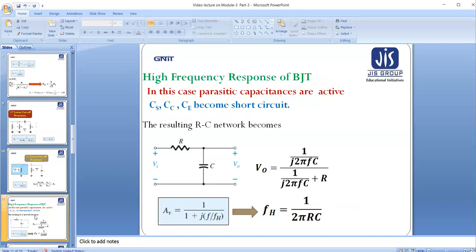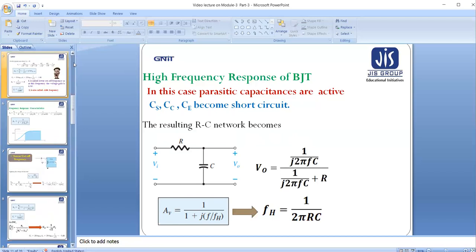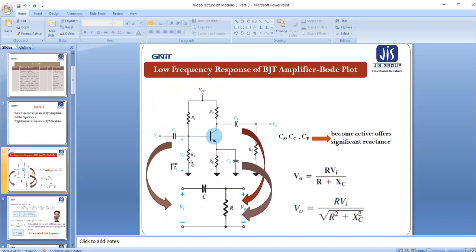Now we are going to the high frequency response of the BJT. High frequency means when the frequency range is 10 kilohertz to 100 kilohertz to 100 megahertz. In that case, the external capacitors, these three capacitors, will be shorted, because the high frequency will make their reactance negligible.